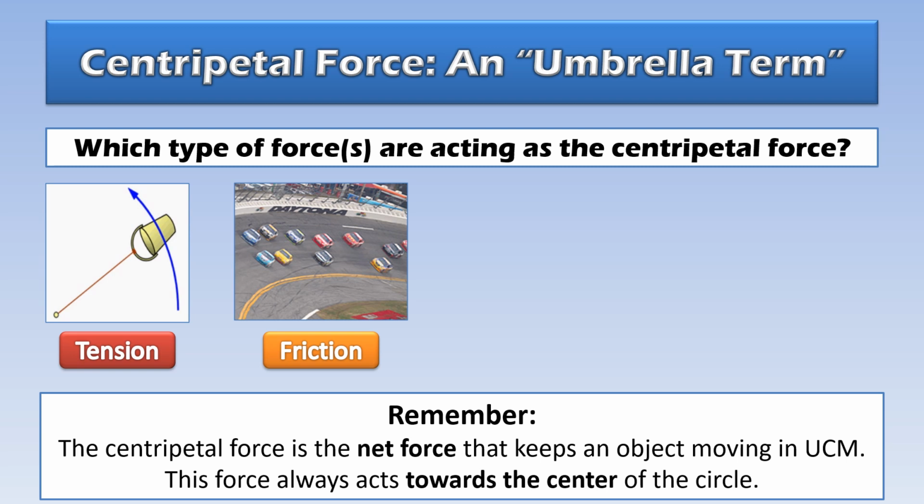Another way to think of this is picture a really slippery road. Maybe it's very icy. Picture there's no friction between the tires and the road at all. Would the car be able to turn in a circle? No, you need the friction between the tires and the road in order to turn in the circle. So in this case, friction acts as the centripetal force.